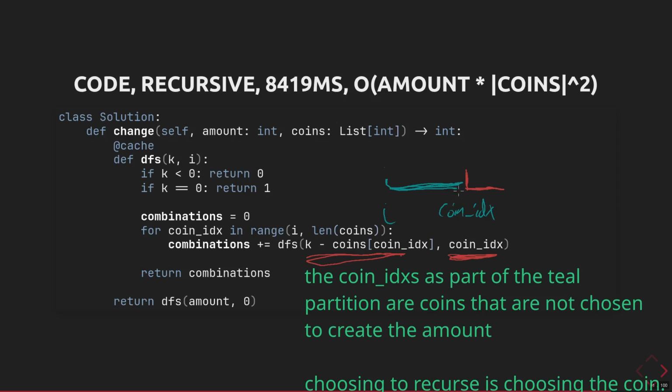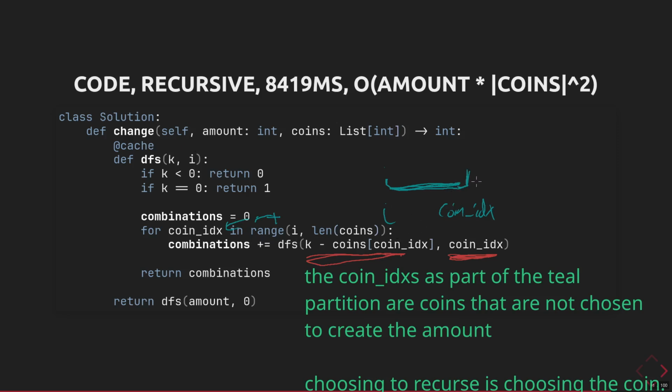If I wanted to change the coin index, if I wanted to move on to a different coin index, that's going to happen after I do this for loop and I increment the coin index right here. Then I'll have incremented it here, and I'll have aggregated the amount of ways in this current subproblem.